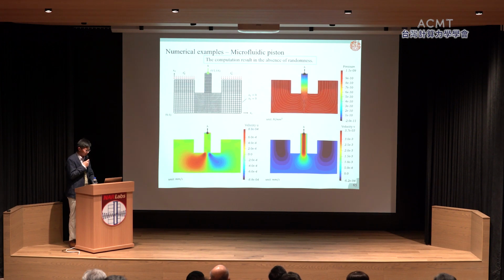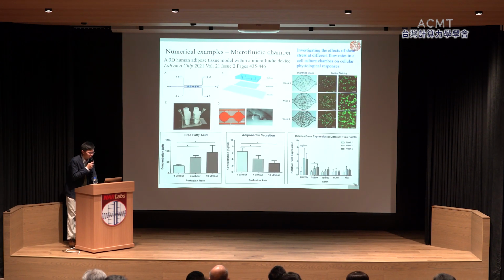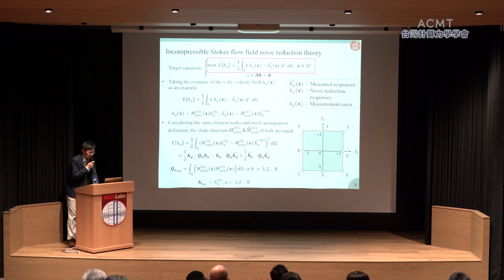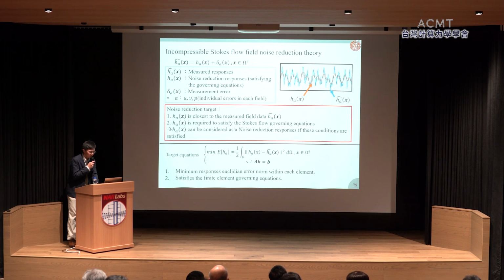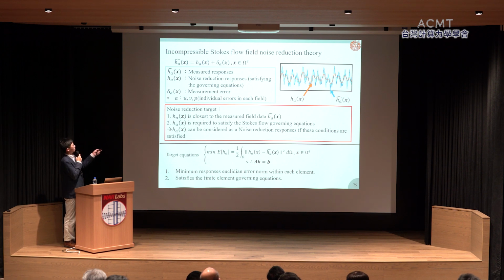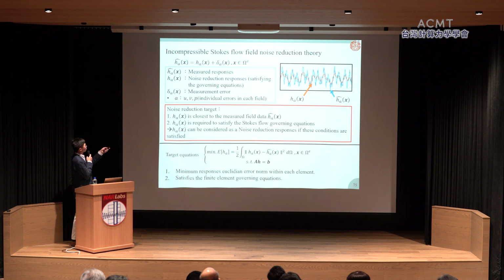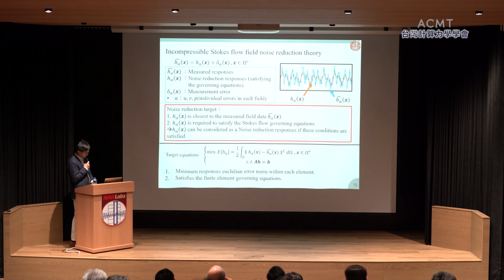I will move to the second point, the measurement noise reduction. Okay. Because we know the signal contains the data plus noise, our job is to manage the noise as much as possible.